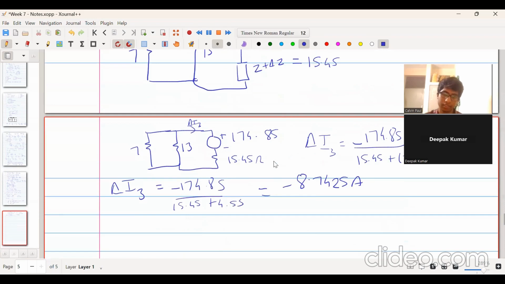This is the change in I3. Similarly, there is a change delta I1. Similarly, there is a change delta I2.